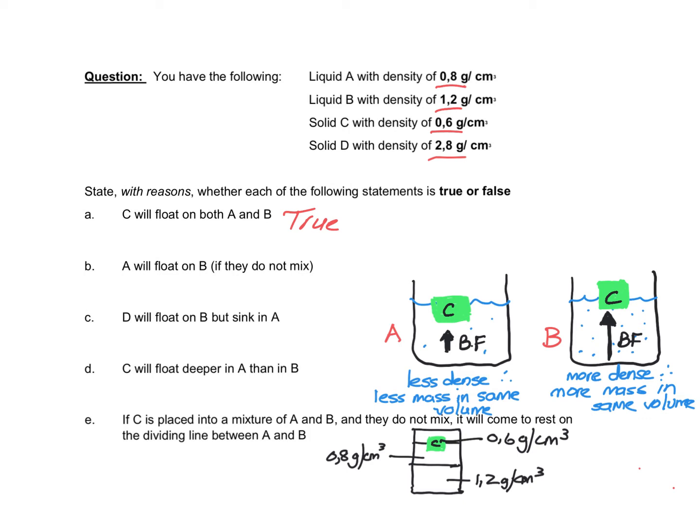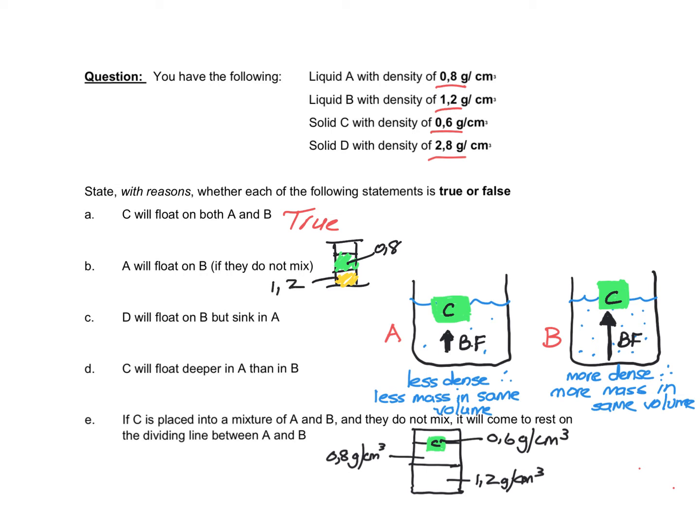Yes, it's like oil and water. So if I had to draw a little sketch of a little cylinder with A and B, this is what the 2 liquids would look like. So this would be A with a density of 0.8, and this would be B with a density of 1.2.